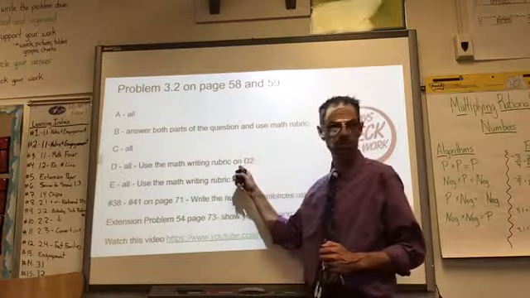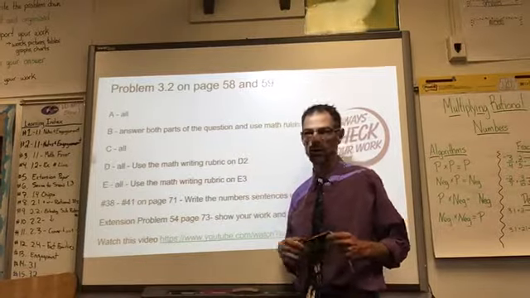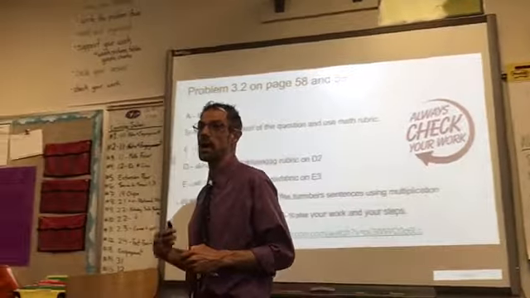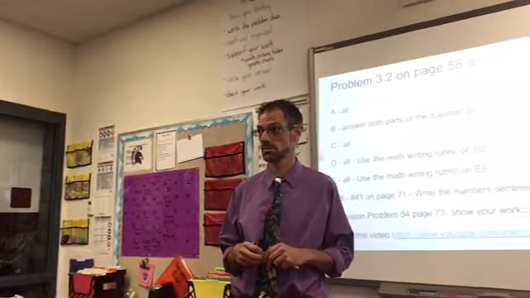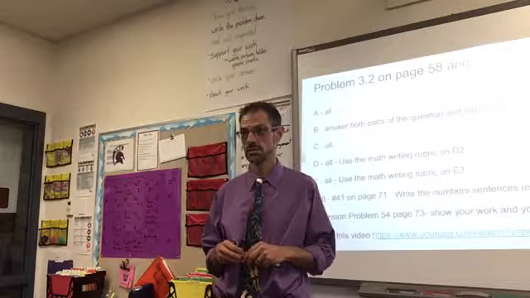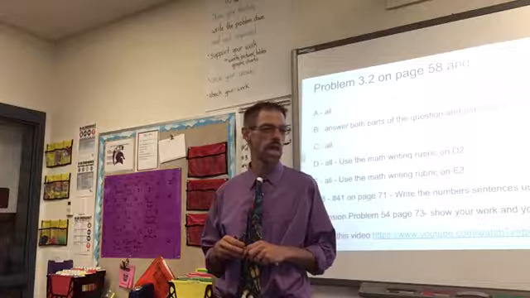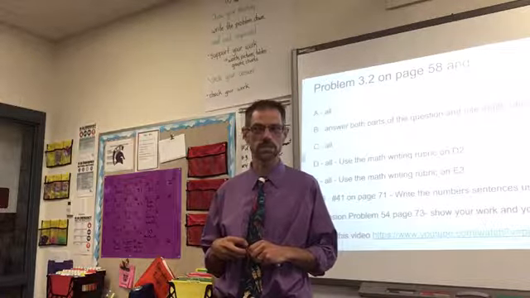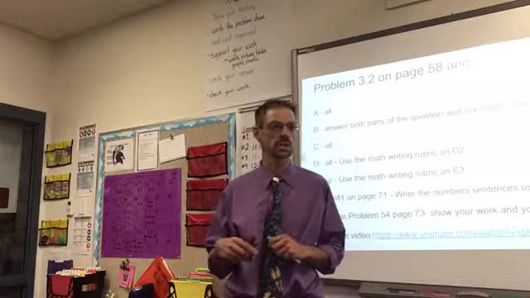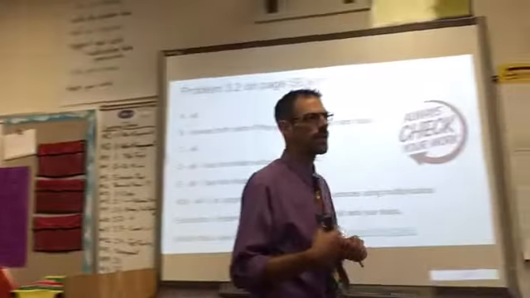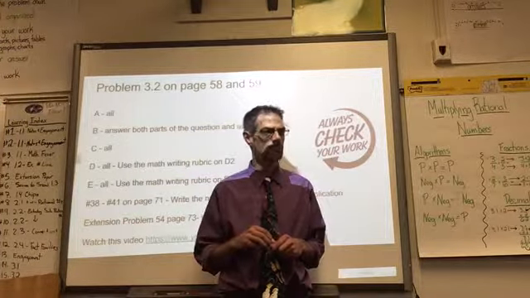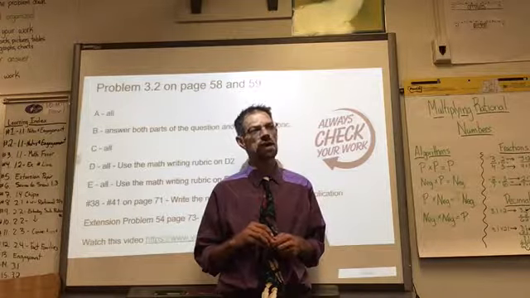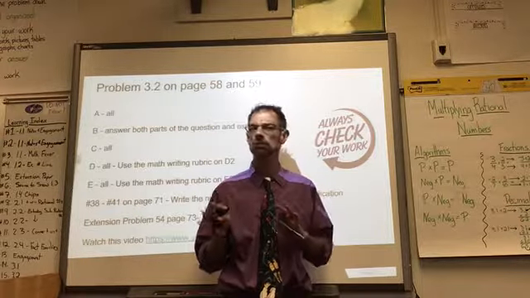On D2, the reason why I said use the math rubric is I went through 2.5 classes of open responses. And I was like, wait, this is not the quality that I was expecting for how to respond to an open response. So I haven't decided how I'm going to grade those yet.